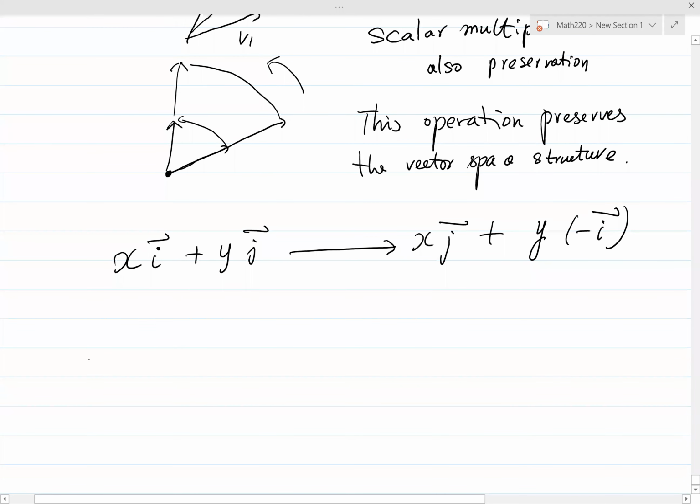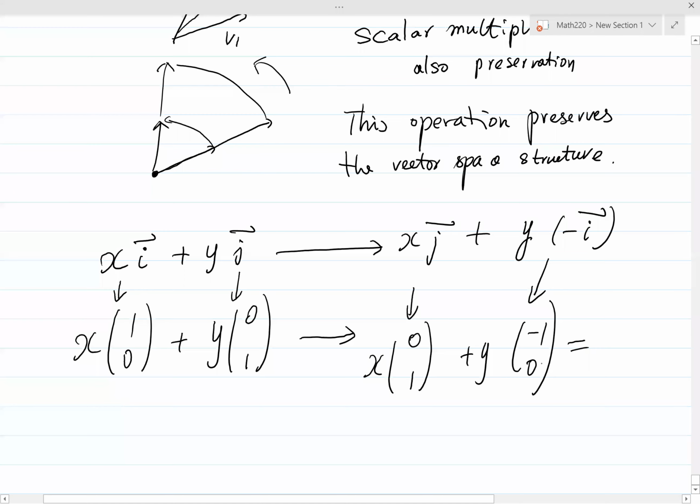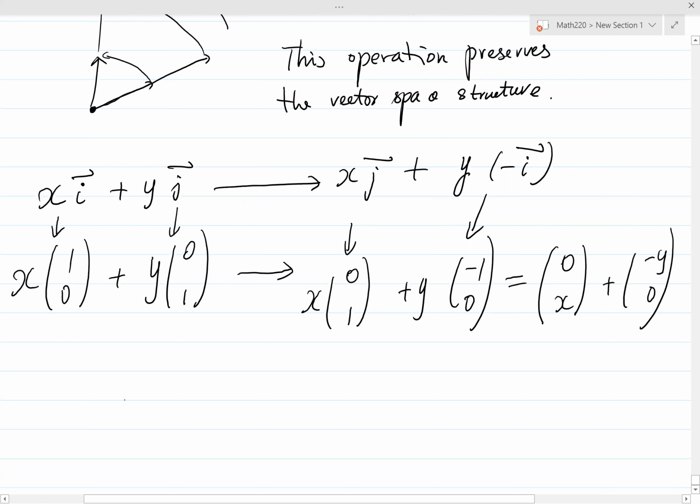If we write in this form, I as 1, 0 and j as 0, 1, then we get x times 0, 1 and y times negative 1, 0. So this is negative y, x.